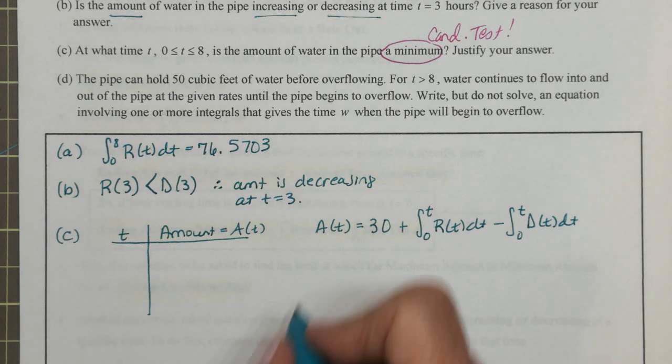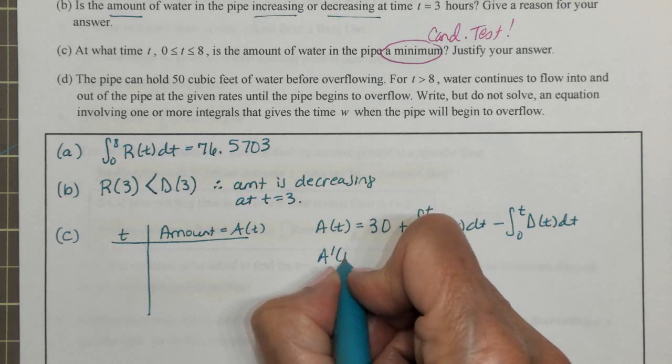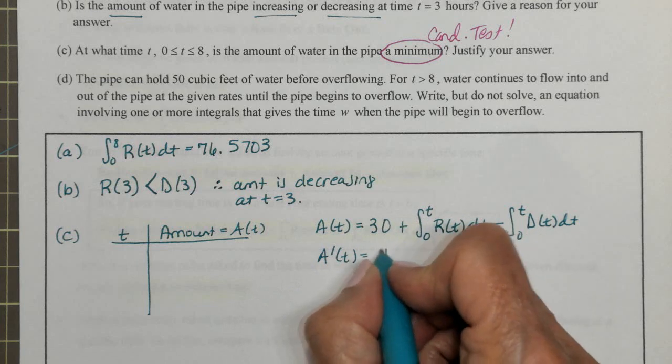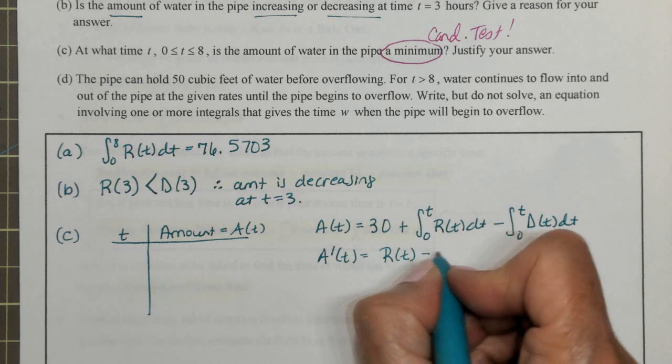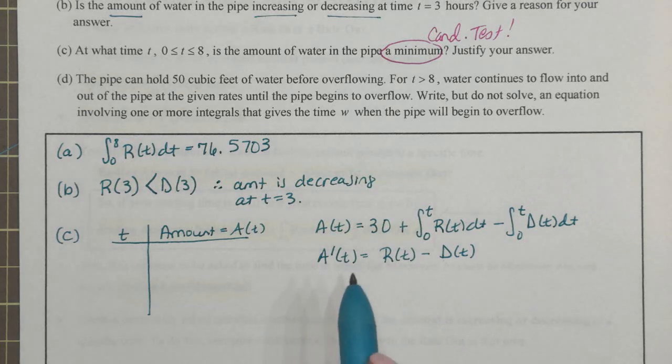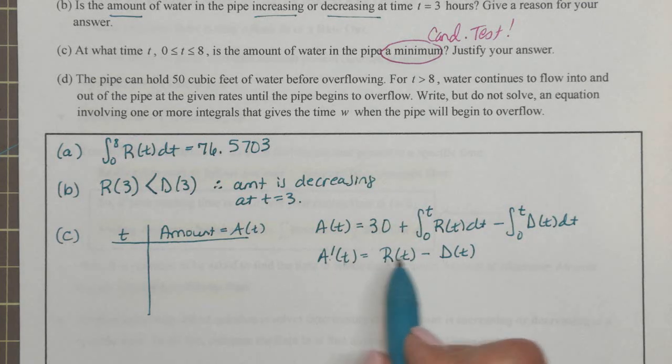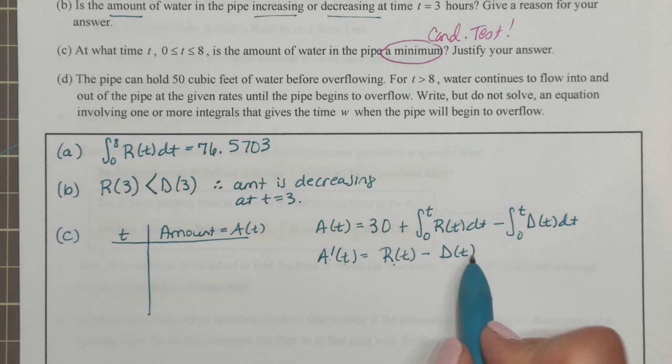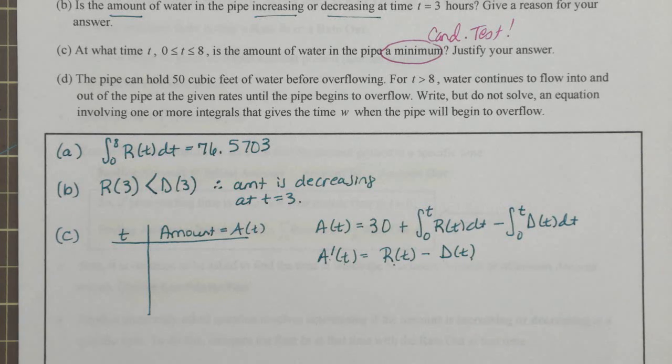Okay? So A prime is R of t minus D of t. The derivative of the amount is the rate in minus the rate out.